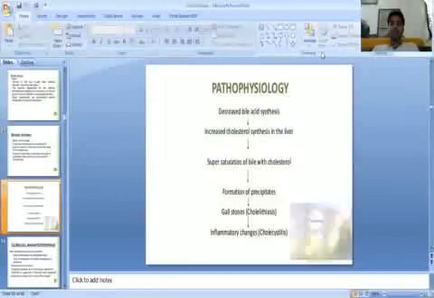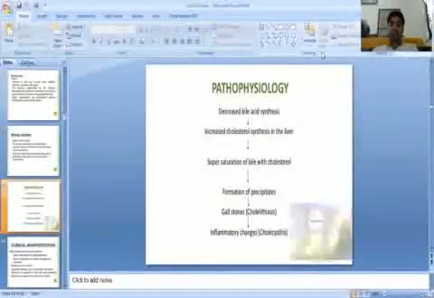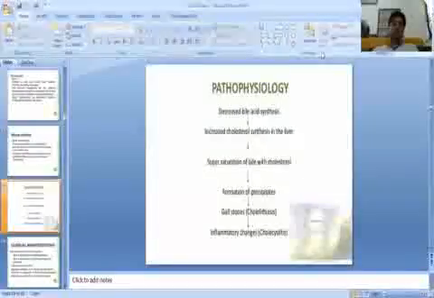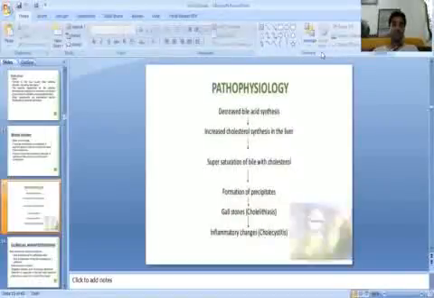In the previous class, we discussed the definition and classification of cholelithiasis. In today's class, we will discuss the pathophysiology of gallstone. First of all, decreased bile acid synthesis. Let's begin with pathophysiology.